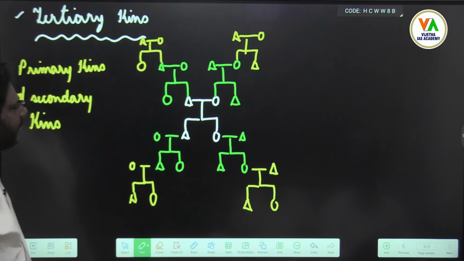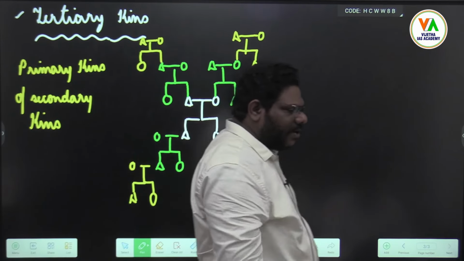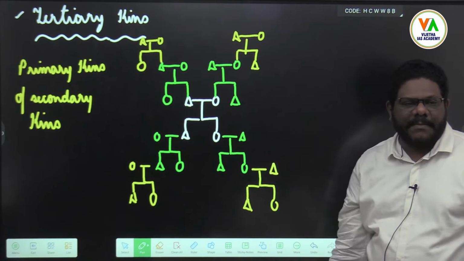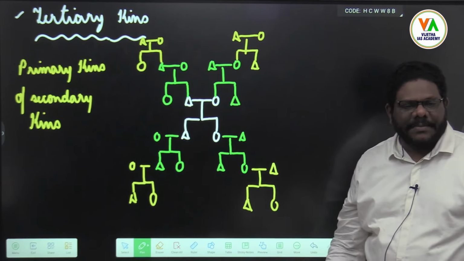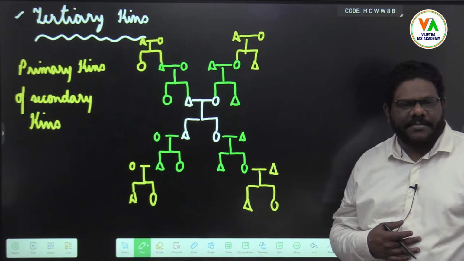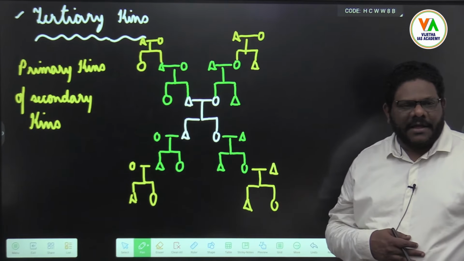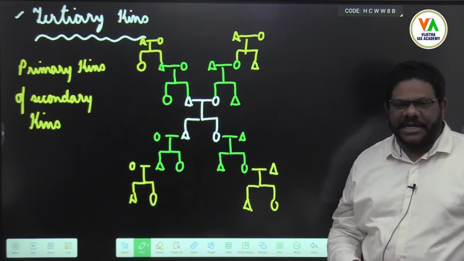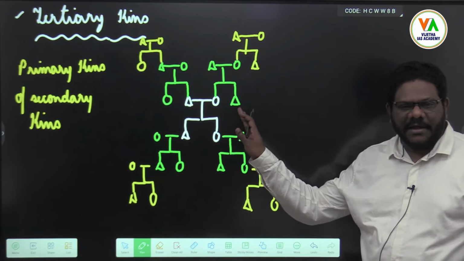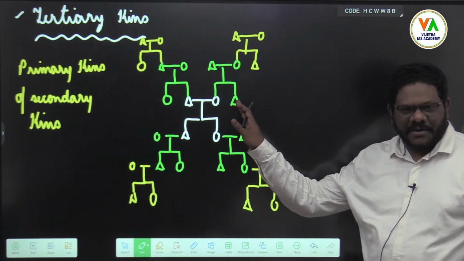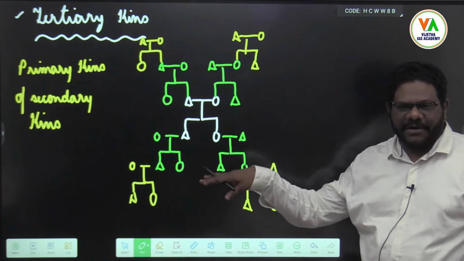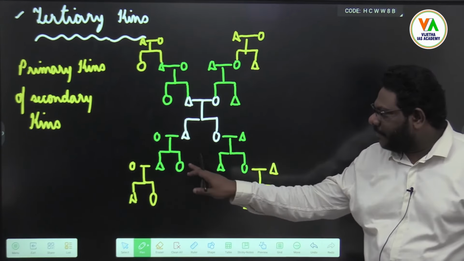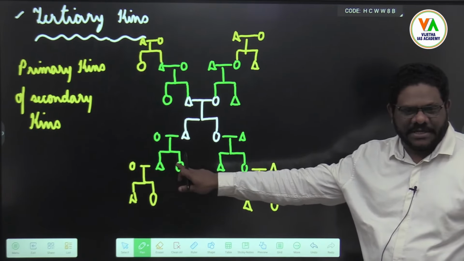So this primary, secondary and tertiary kins we can only explain by keeping one particular family as constant. That means this is quite a fluid concept which keeps changing with respect to marriage of an individual. At present, your primary kins are your family, isn't it? But after your marriage and subsequently your children are born, then your primary kins will change.